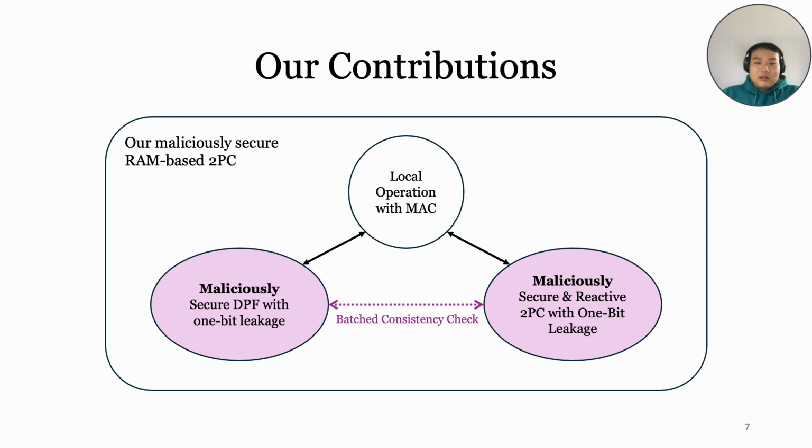Then we extend the technique of dual execution and design a maliciously secure and reactive 2PC protocol, still with up to 1 bit leakage. Next, we extend local operations in DI17 to make them support authenticated sharing. And finally, we use random linear combination to batch all consistency checks together.